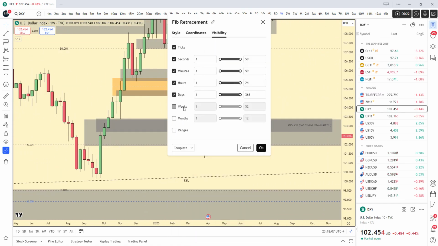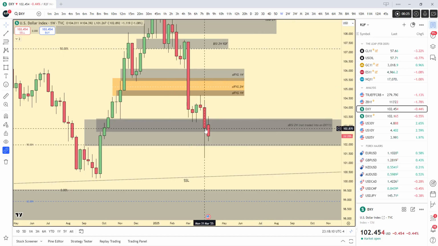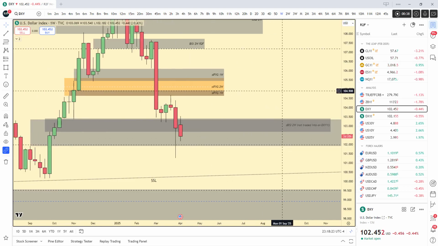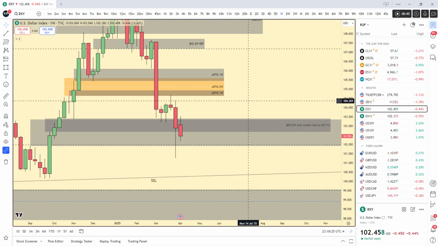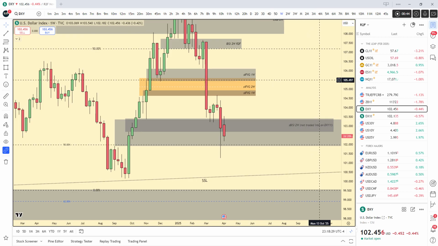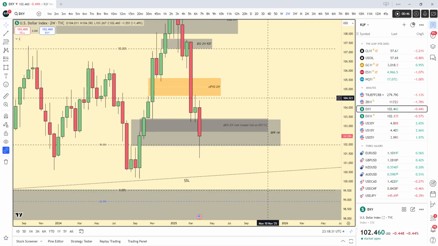Okay, so yeah, the week started here. A slight gap up. We expanded up and came down, and we're currently here in the week with 2 more days to go, practically about 3 days to go. So let's have a look at the higher time frames.